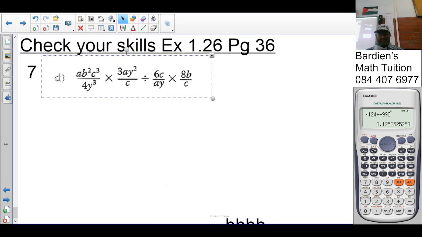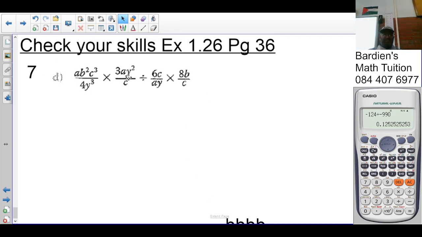That's 7D. People, how many terms are here? One term. What makes it one term? No plus or minus signs between. So no separation of terms. So of course change to multiplication first.